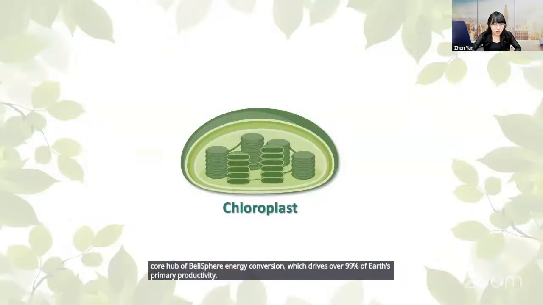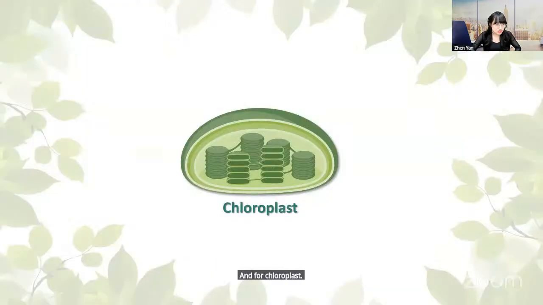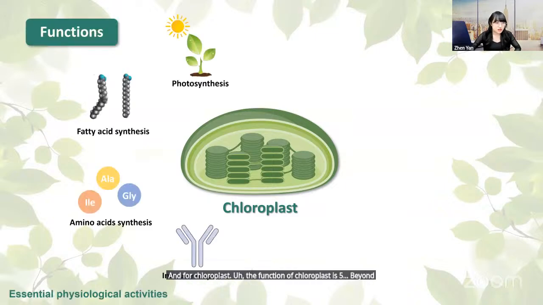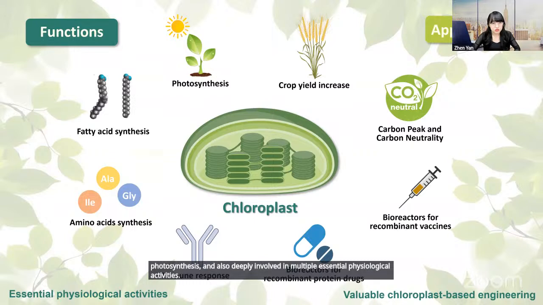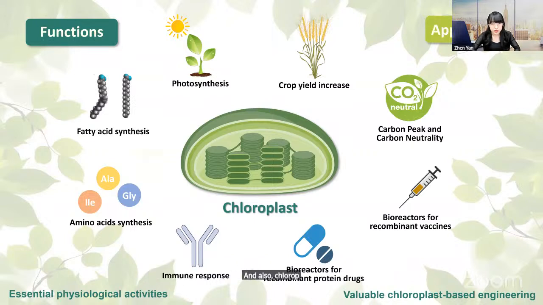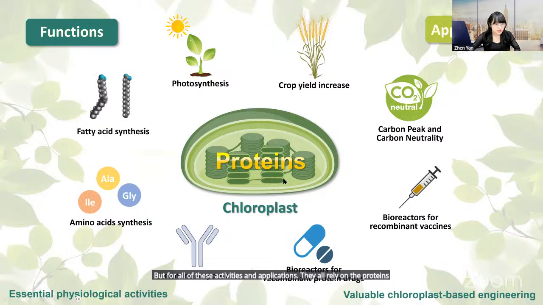The function of chloroplast is far beyond photosynthesis, and it is also deeply involved in multiple essential physiological activities. Chloroplast-based engineering also holds significant application value. But all of these activities and applications rely on the proteins within the chloroplast.